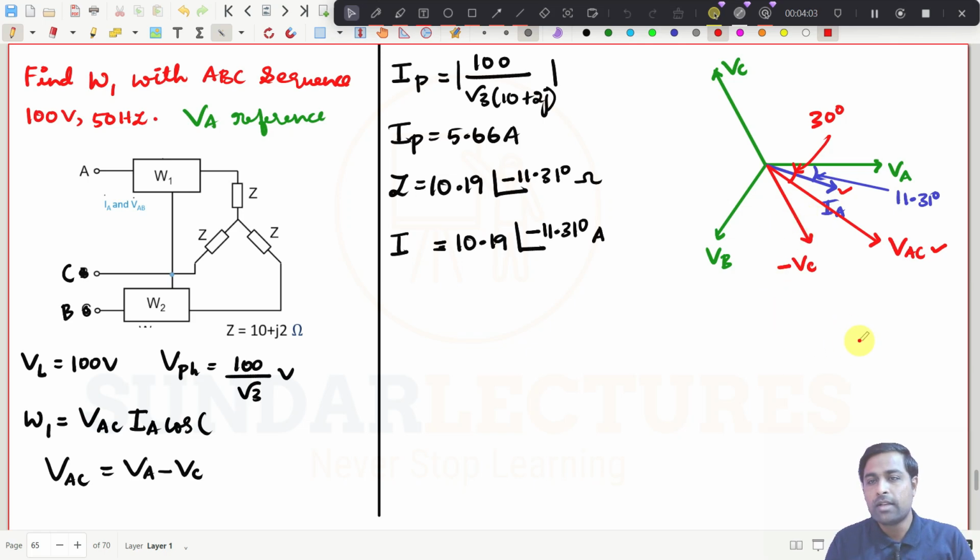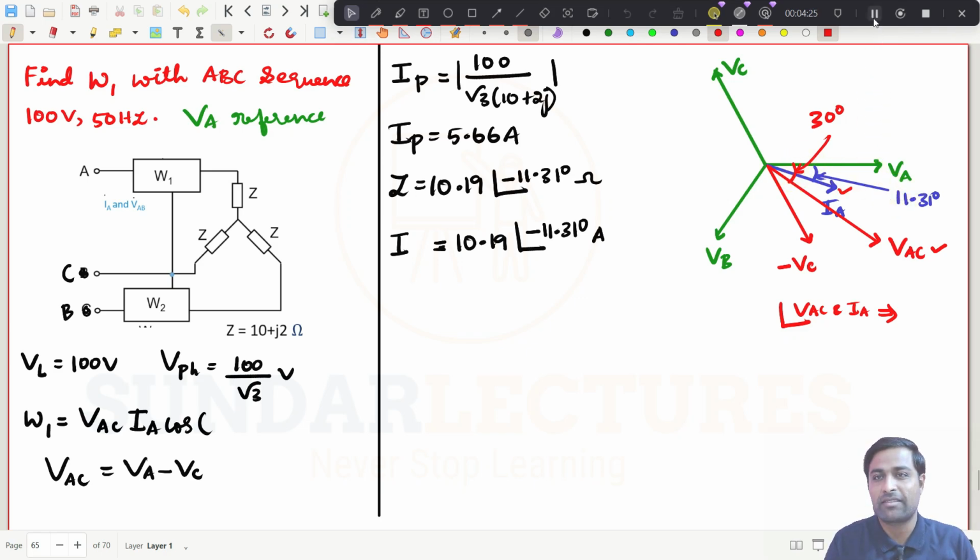The angle between VAC and IA I need to find. So what will you get here? This is a total of 30 degree, from here to here, minus this 11.31.